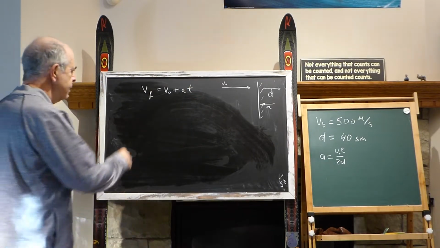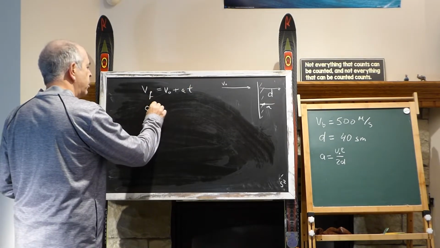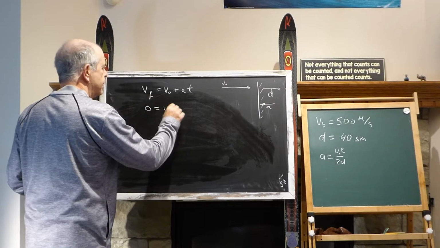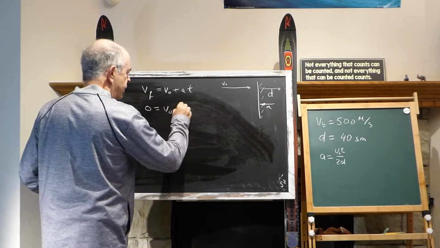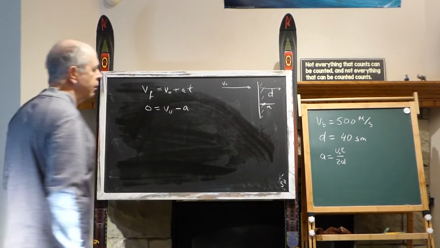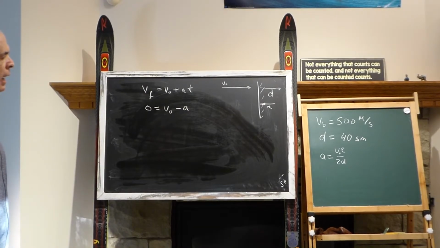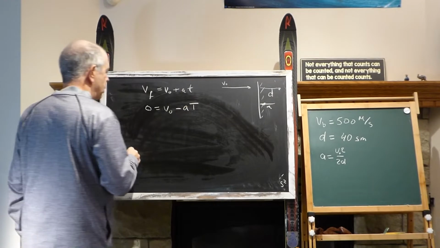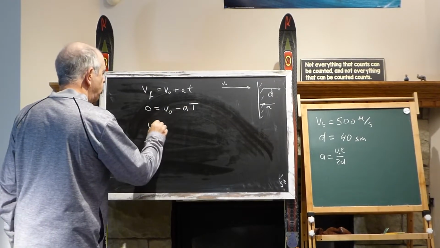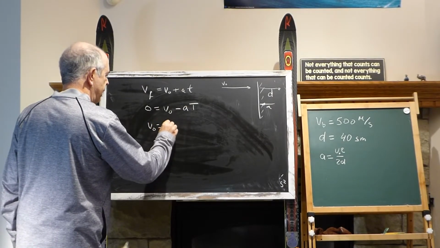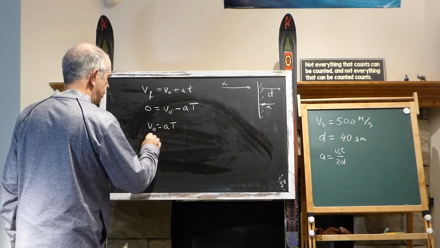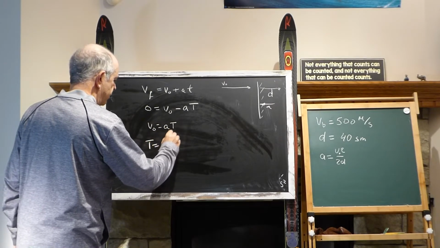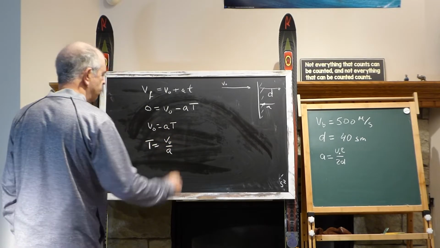In this case, V final equals 0, initial speed equals V0, acceleration is directed that way, minus A, and T is the time it travels. So V0 equals AT, and T equals V0 over A.